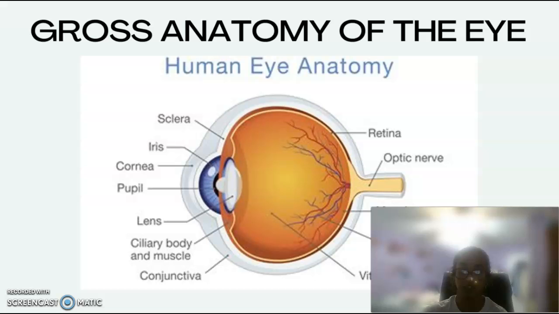The ciliary muscle changes the shape of the lens when your eyes focus on a near subject. The conjunctiva provides protection and lubrication to the eye by producing mucus and tears.